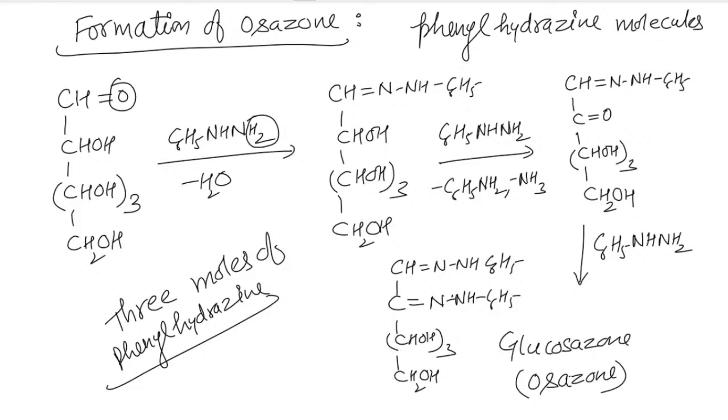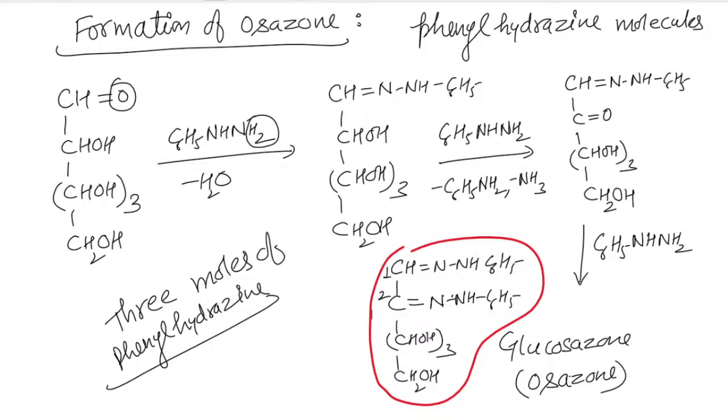So this is called osazone actually, beta. In osazone formation, say C1 and C2 are involved. Only C1 and C2 are involved. That's why all monosaccharides which differ in configuration at C1 and C2 give the same osazone.